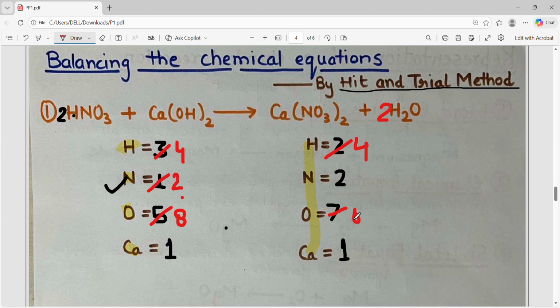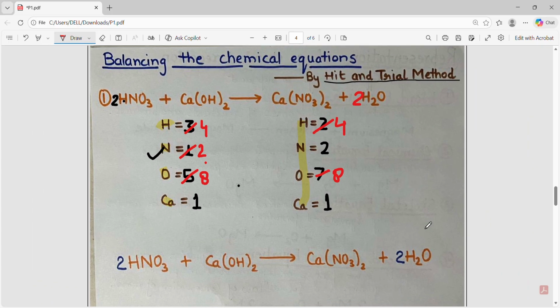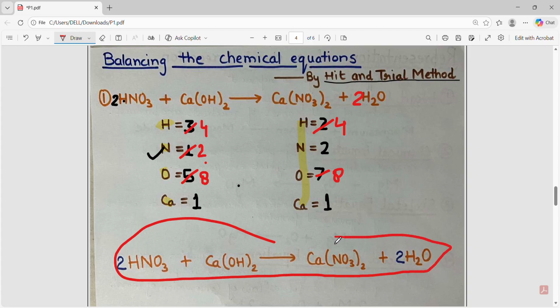If you see 4, 2, 8, 1 on both sides, the correct balanced equation is this, which you can see on the screen. I encircled it with red color. This is how you have to balance any chemical equation.